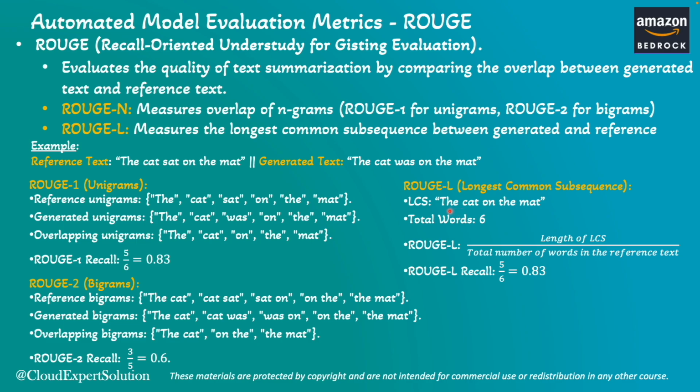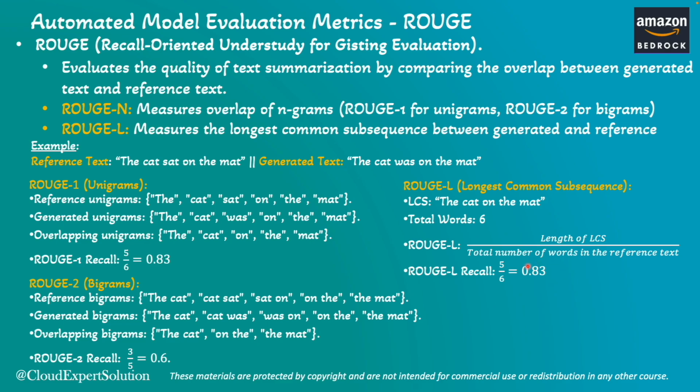Since these are not continuous, the longest common subsequence between the reference text and the generated text is "the cat on the mat". So this is the longest common subsequence, where we have 5 words, and the reference has a total of 6. So ROUGE-L will be the length of the LCS divided by the total number of words in the reference text, which is nothing but 5 over 6, that is 0.83.